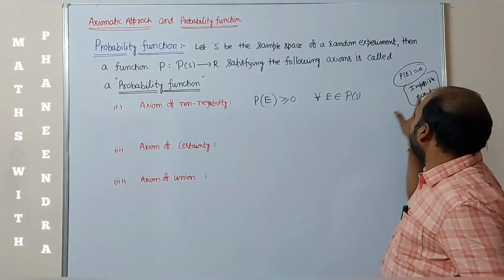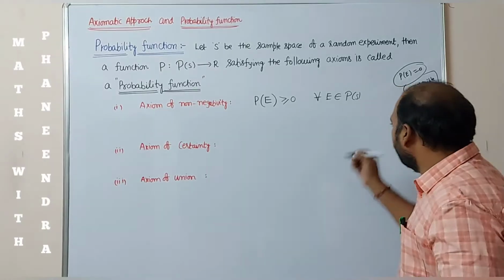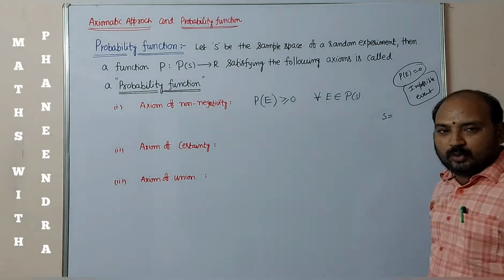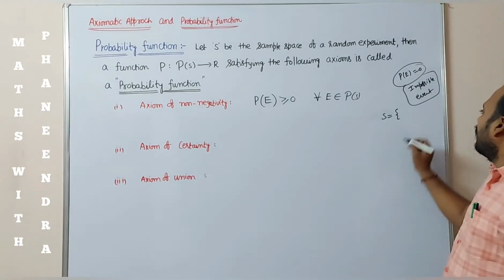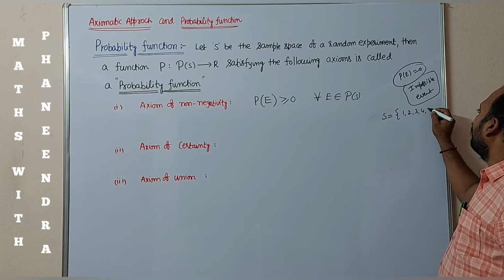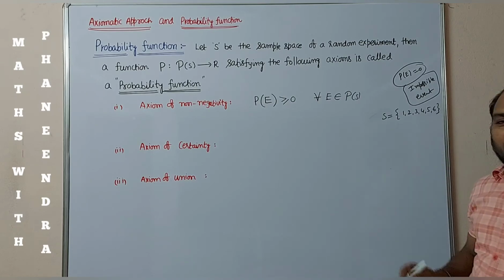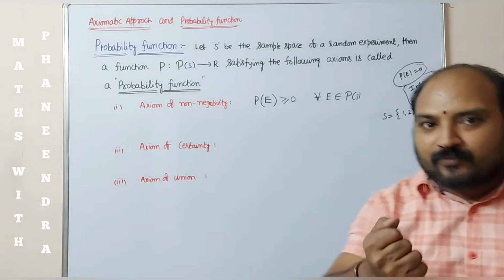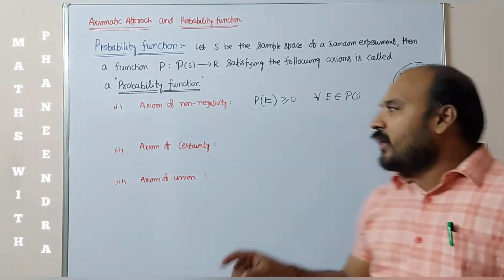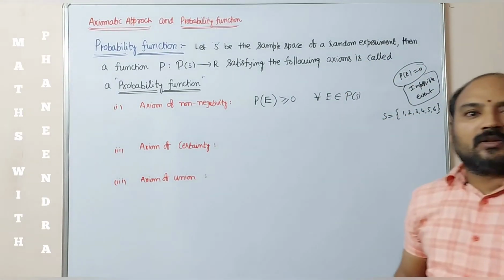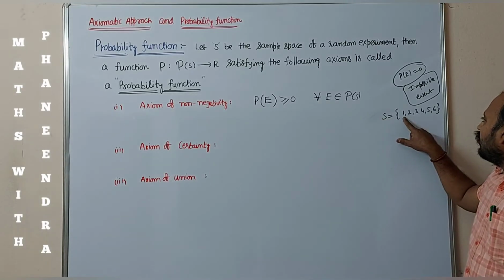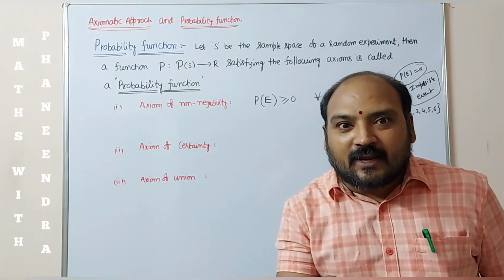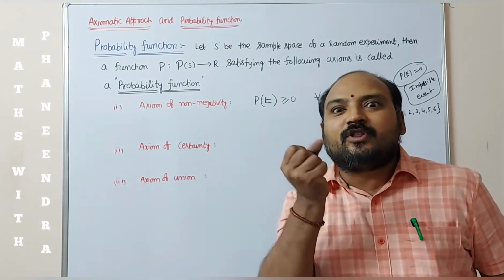Suppose, for example, P of E is equal to 0. Let the sample space S be 1, 2, 3, 4, 5, 6. It shows that the sample space contains 6 numbers, which means throwing a die once. What is the probability of getting the number 7 if we throw a die?